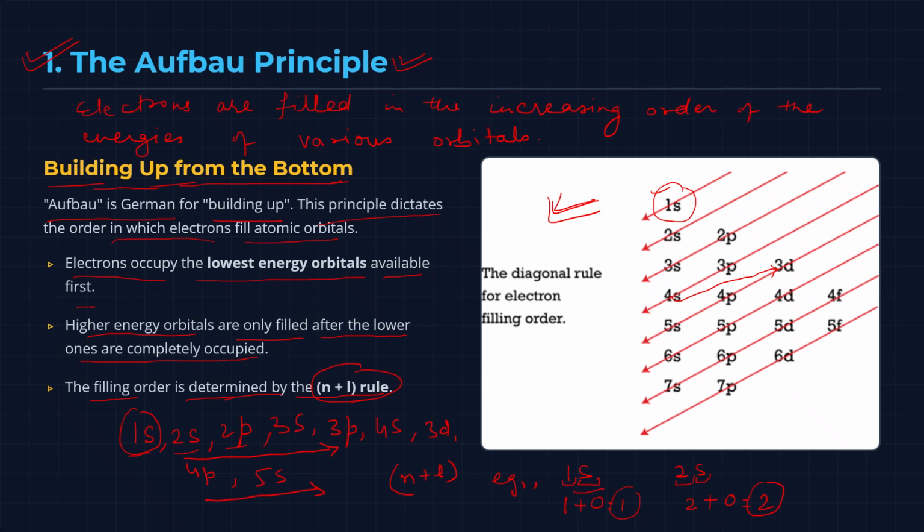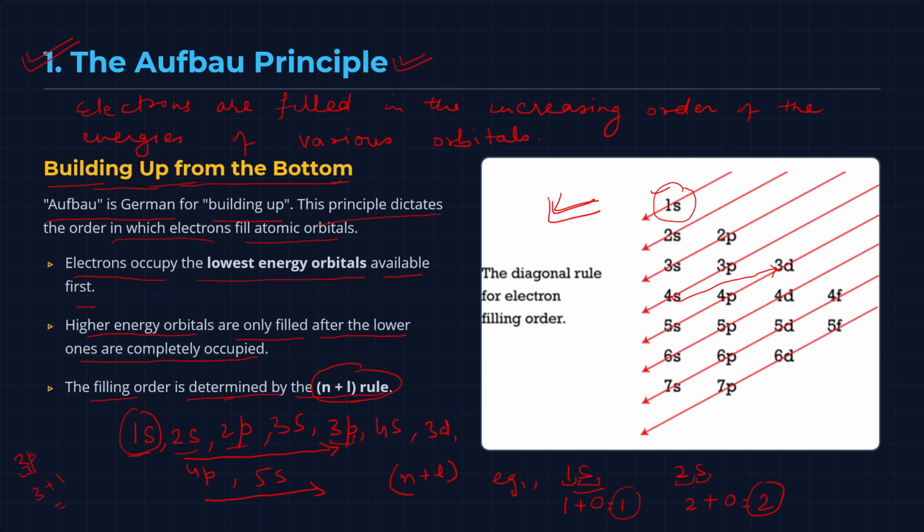But here one thing you have to remember, that is if in any case n plus l value is the same for two orbitals. For example, you can see here in case of 3p subshell, here n is equal to 3, l is equal to 1.